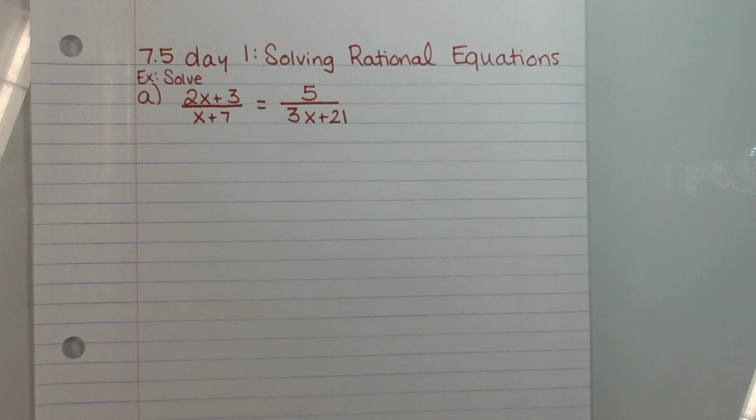It's known as a proportion, when you have a single fraction equal to a single fraction. There are a couple of different ways to solve rational equations. One way is to get them to become a proportion. Because proportions solve using what? Cross multiplication.